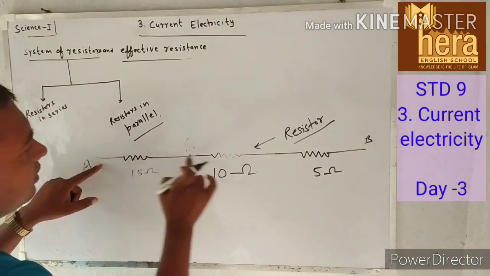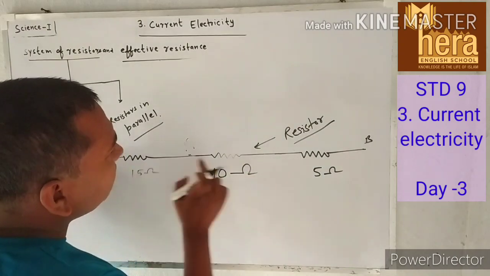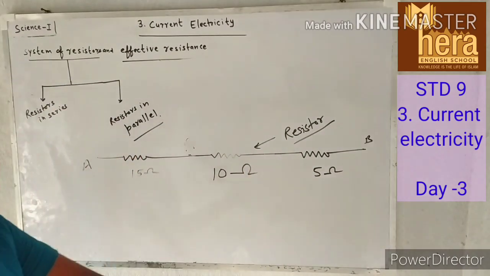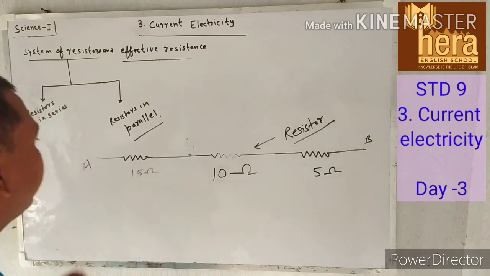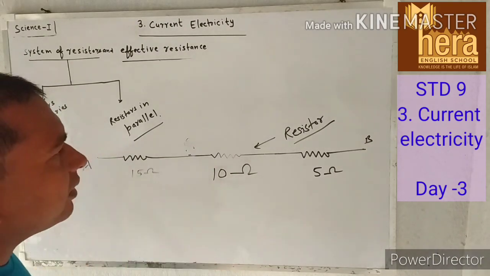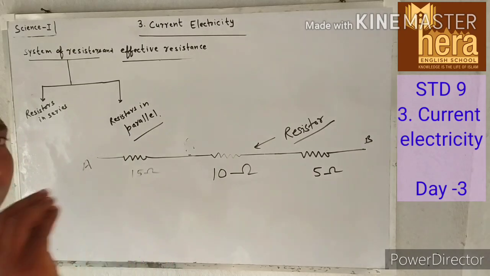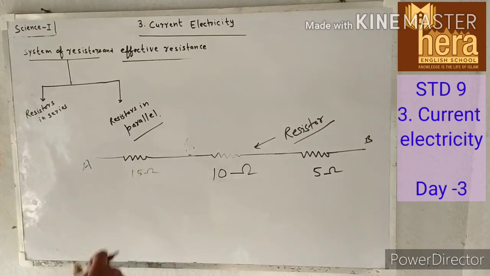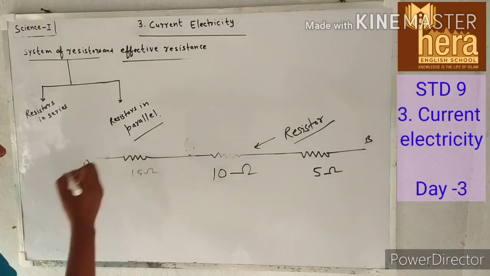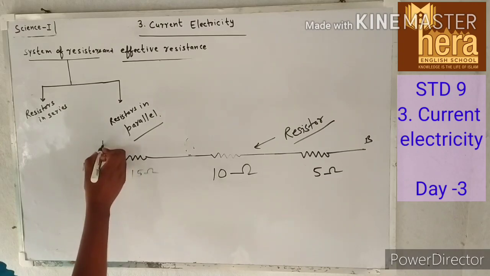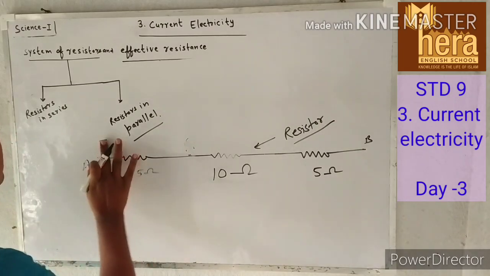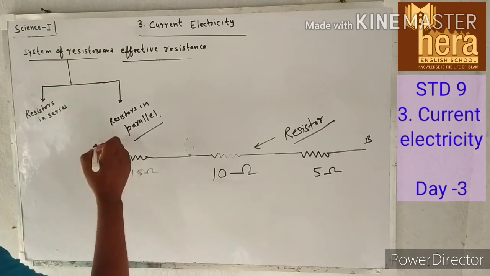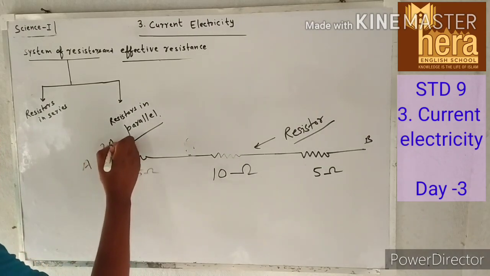These all three resistors are connected in series. I will give the definition of series, and in series I am telling one important thing you have to remember. There is current I flowing, say 2 ampere current.